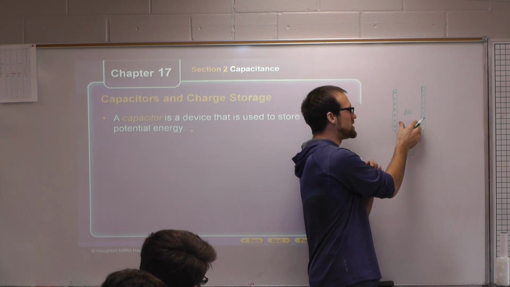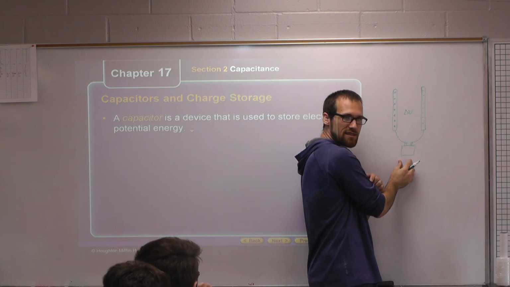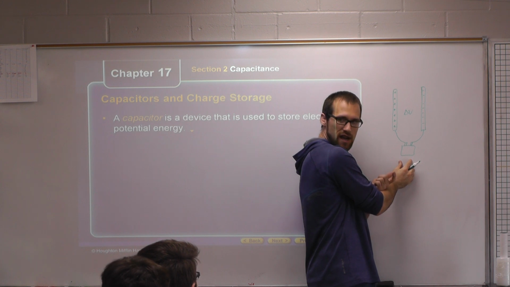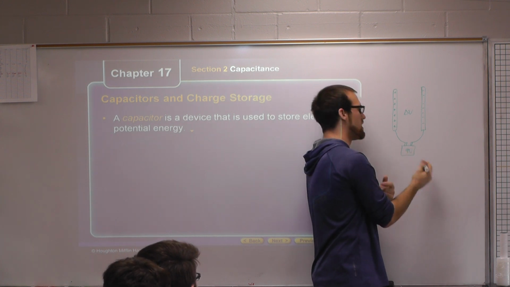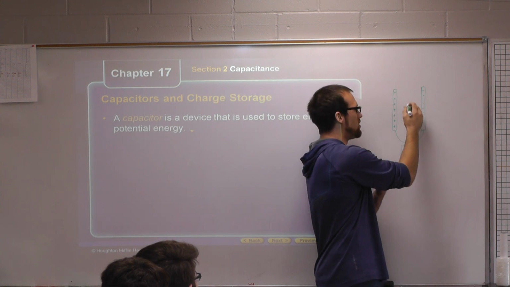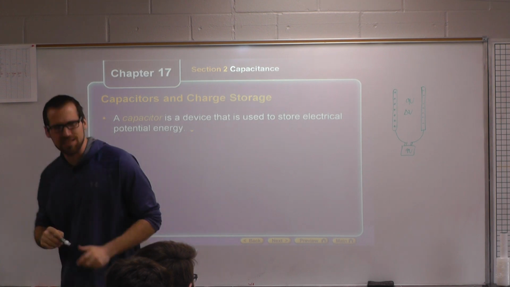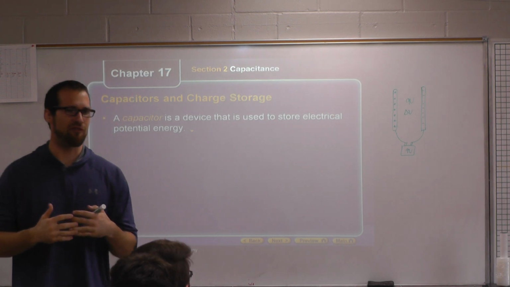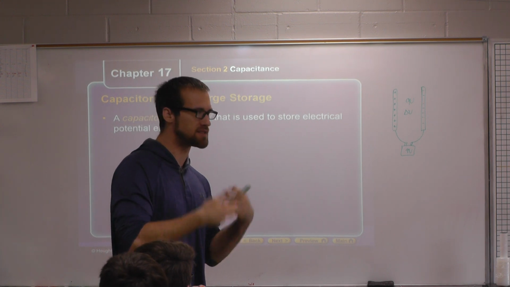You're never going to have a potential difference on the plates greater than the object that's charging it. That should make sense, right? If this is a 9-volt battery, your plate should be 9 volts when it stops, because if I don't have the power to cause more charges to be displaced, it will stop.